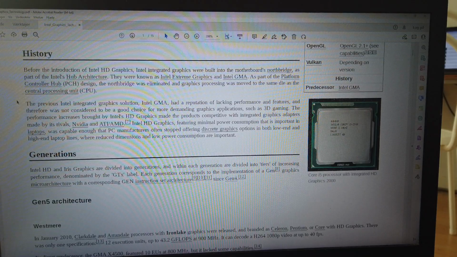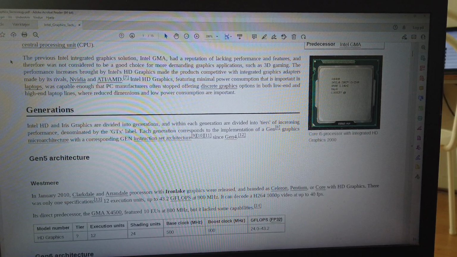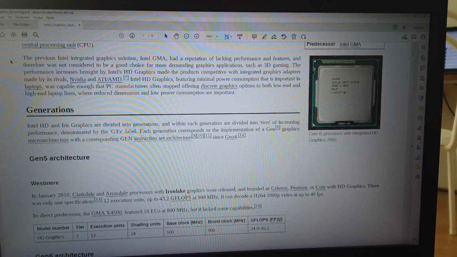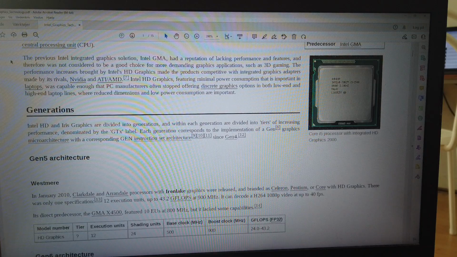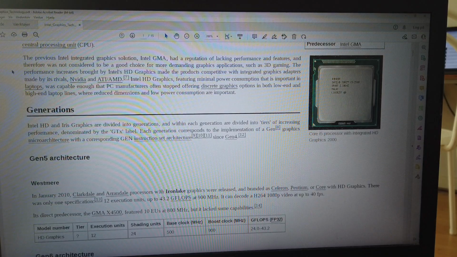The previous Intel integrated graphics solution, Intel GMA, had a reputation of lacking performance and features, and therefore was not considered to be a good choice for more demanding graphics applications, such as 3D gaming.